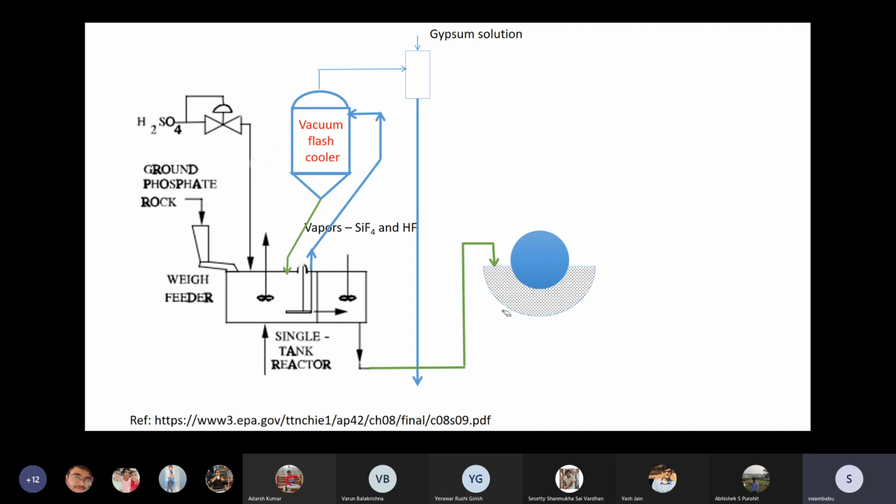We need to separate, clean it again, and do it multiple times. If the material is highly sticky and cleaning is difficult, then we have to go for the plate and frame filter press. But here the gypsum is easily removable from the filter cloth, so we can use the continuous rotary drum filtration process.